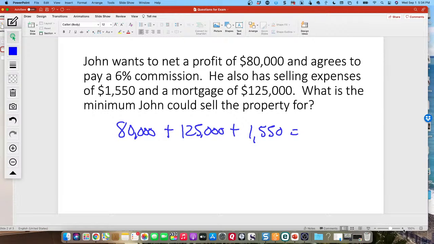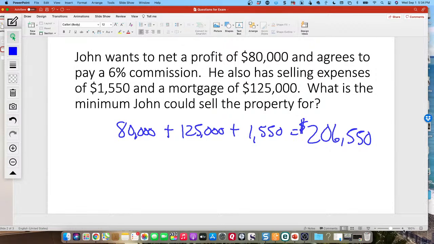Now, what do we get when we add up those items? Well, $80,000 plus 125 plus 1550 gives us $206,550.